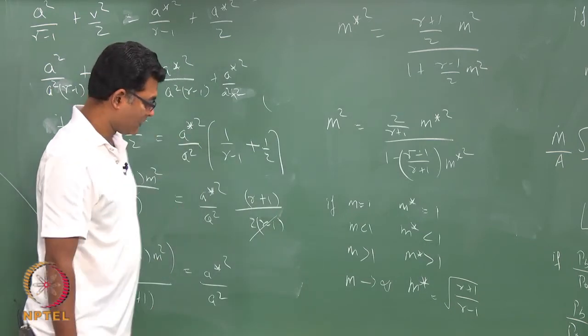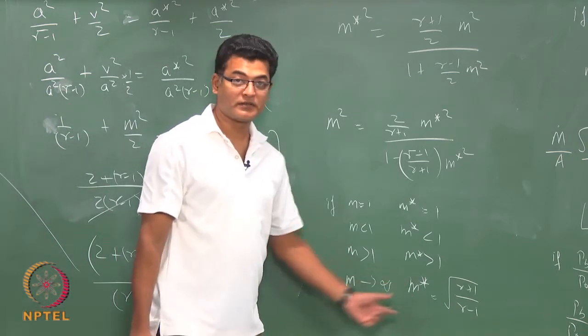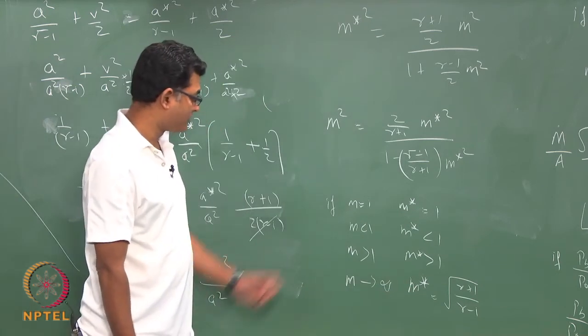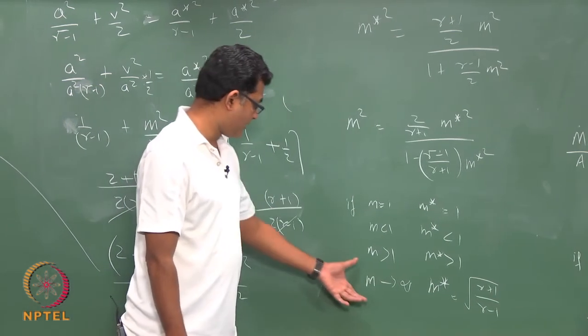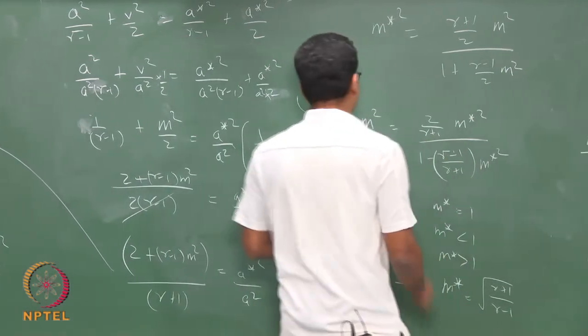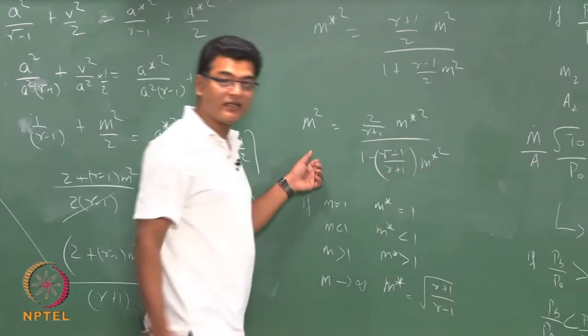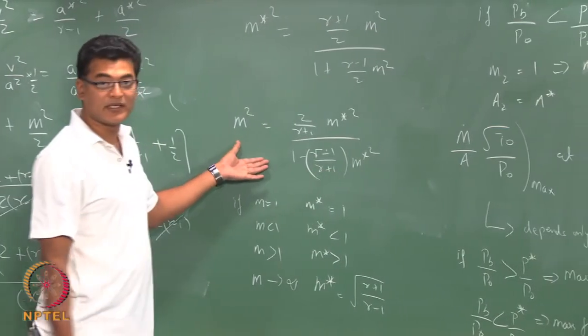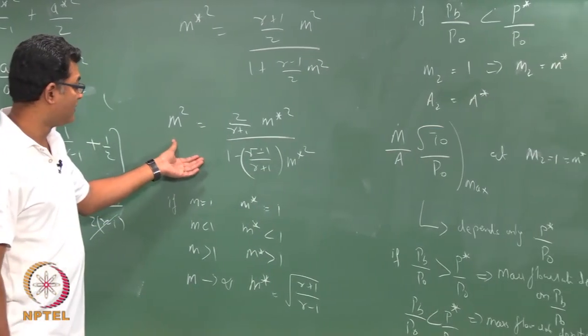Okay. That is the advantage of having M star. So you talk everything in terms of M star. Associated with any M, you can have an M star. This is again, as we had learned, a typical reference quantity.